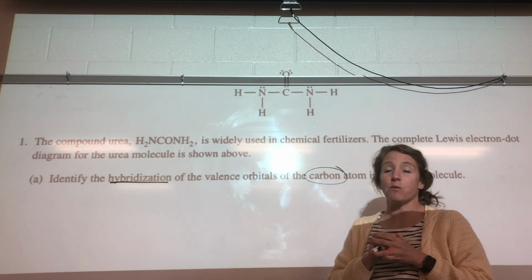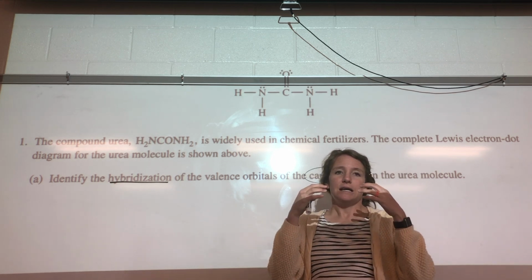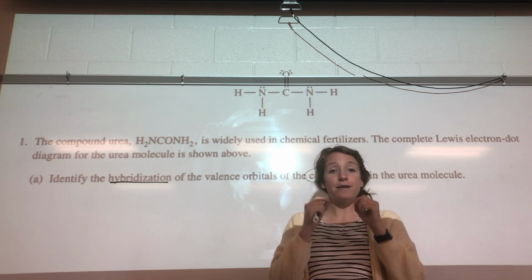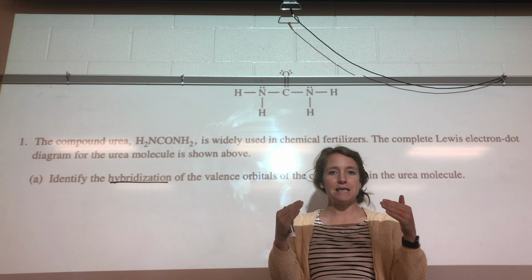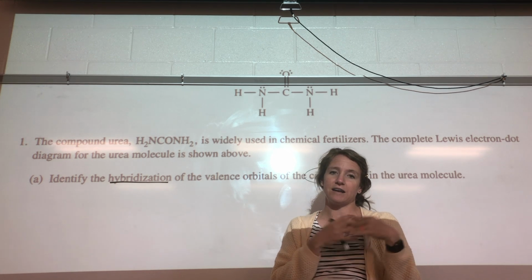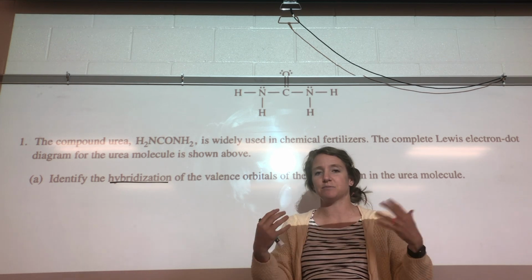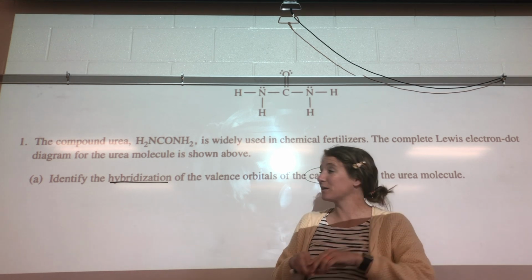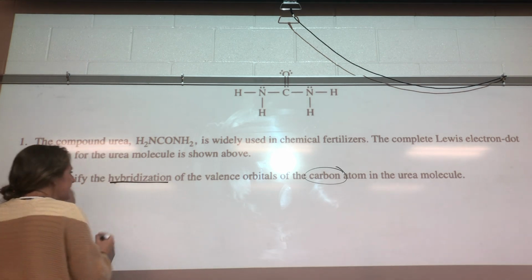It's based on the idea that when things bond, if the orbitals aren't at the same energy level, such as an S and a P, they morph into special types of orbitals. So it's not an S, it's not a P, it's an SP, or an SP2 or SP3. Those are the only 3 options for hybridization.